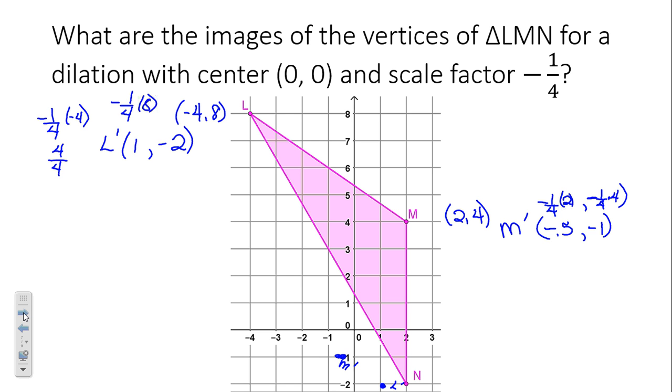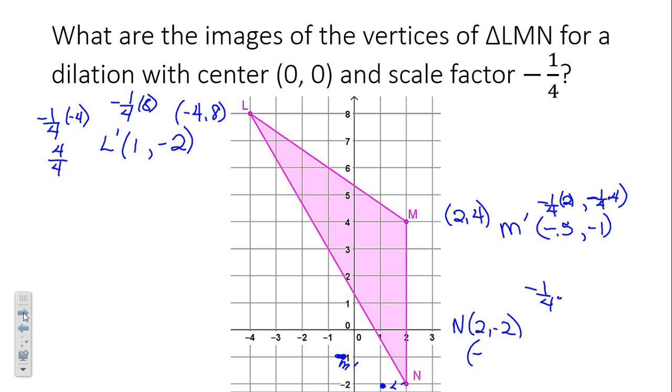It looks like you're doing it wrong, doesn't it? Watch what happens when we finish the last one. My last point was N. N was at negative 2, positive 2. What's negative 1/4 times 2, Brooke? Negative. Okay.